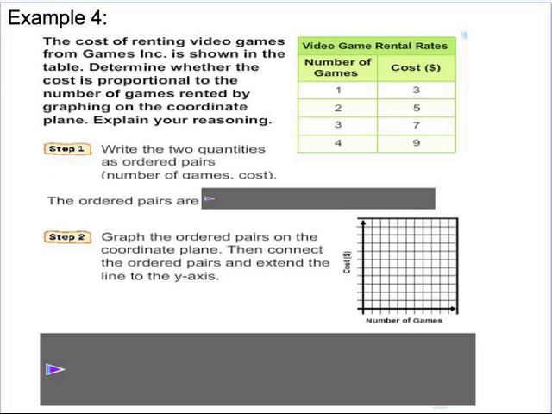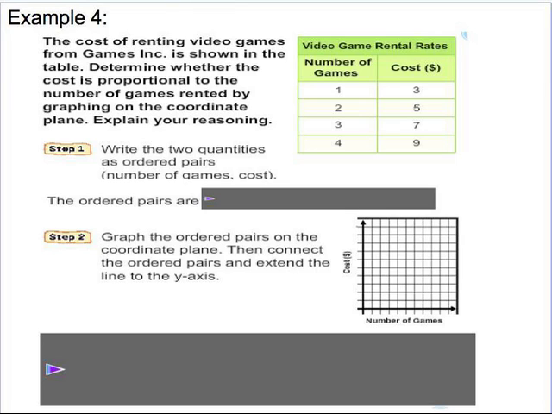Okay? So let's try looking at another situation. We have the cost of renting video games, and we have a table determining what the cost of renting the video games is per video game.